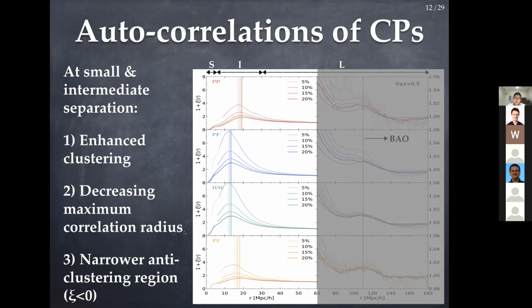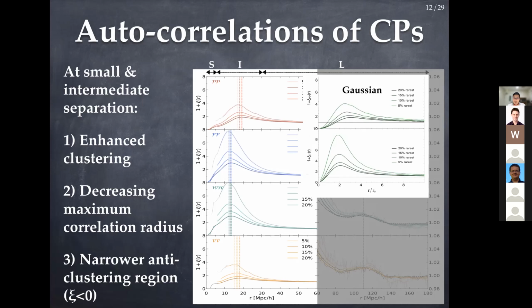And this is because the height difference, or density difference, between two critical points is smaller for rarer critical points. So these kinds of points are more likely to be closely separated. So the peak of the correlation is moving inward.